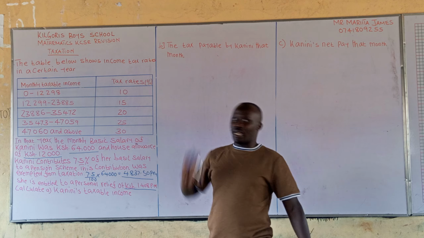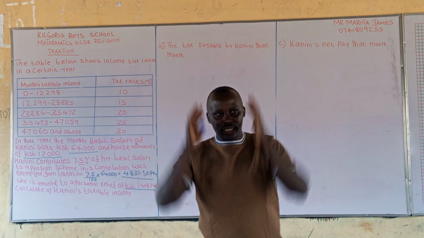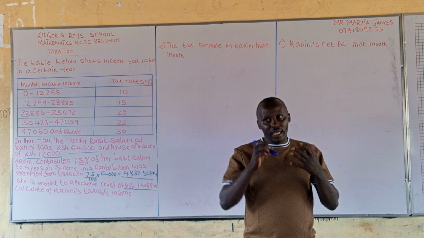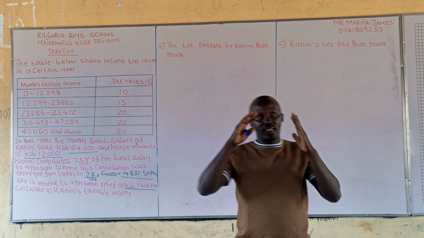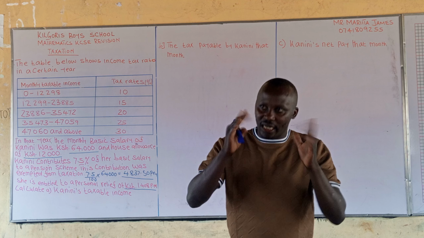So calculate Kanini's taxable income. The taxable income is normally the basic salary plus the taxable allowances minus an exemption.